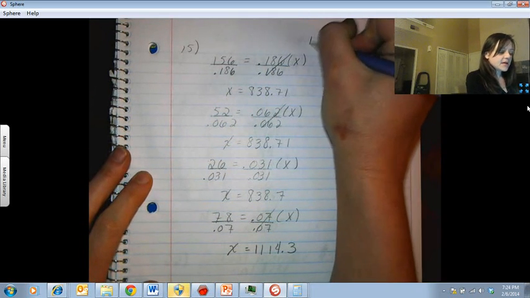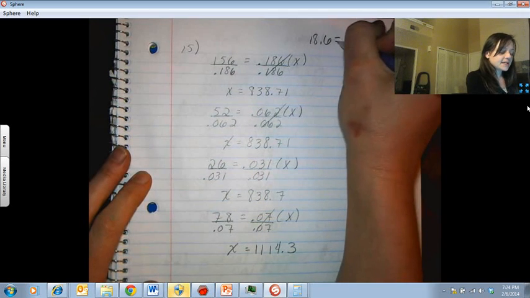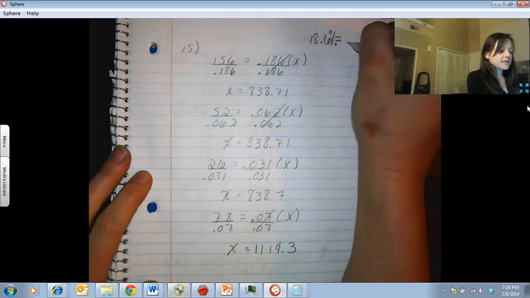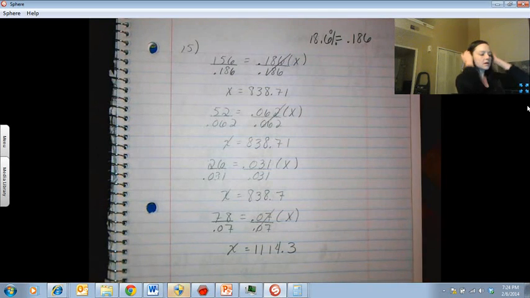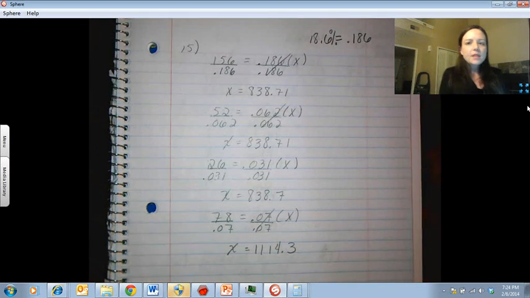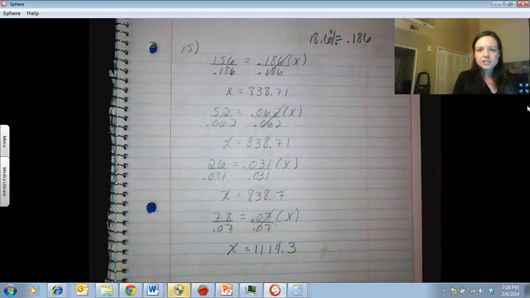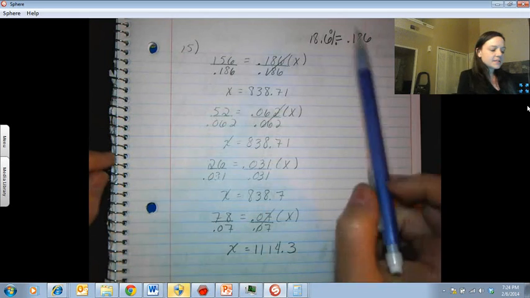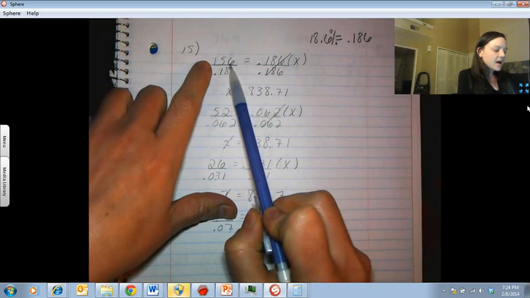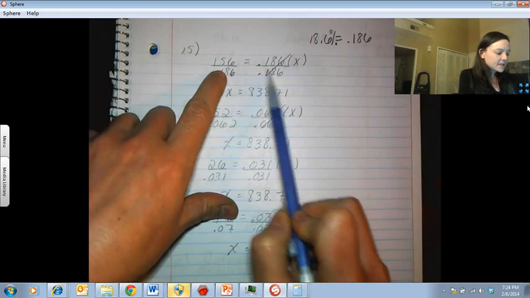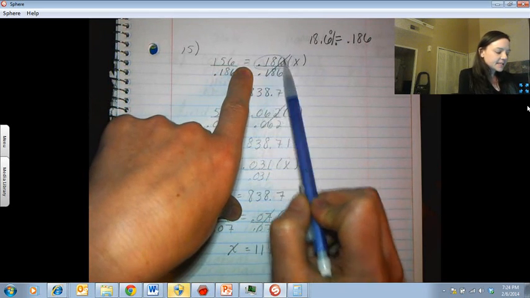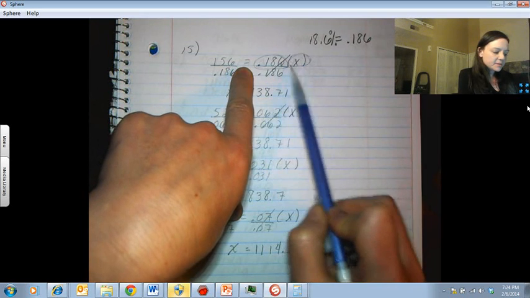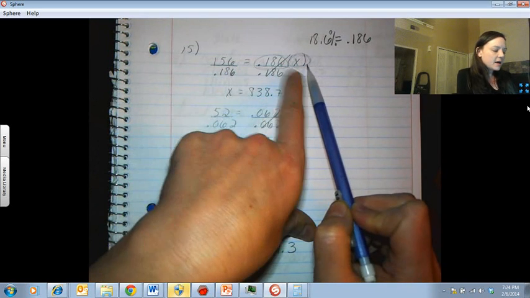So 18.6% is the same as 0.186. When you're using calculators or just math, you need to change your percents into decimals to make sure you're getting the correct answer. So I said 156 is 18.6% of what, there's my variable x, what number?